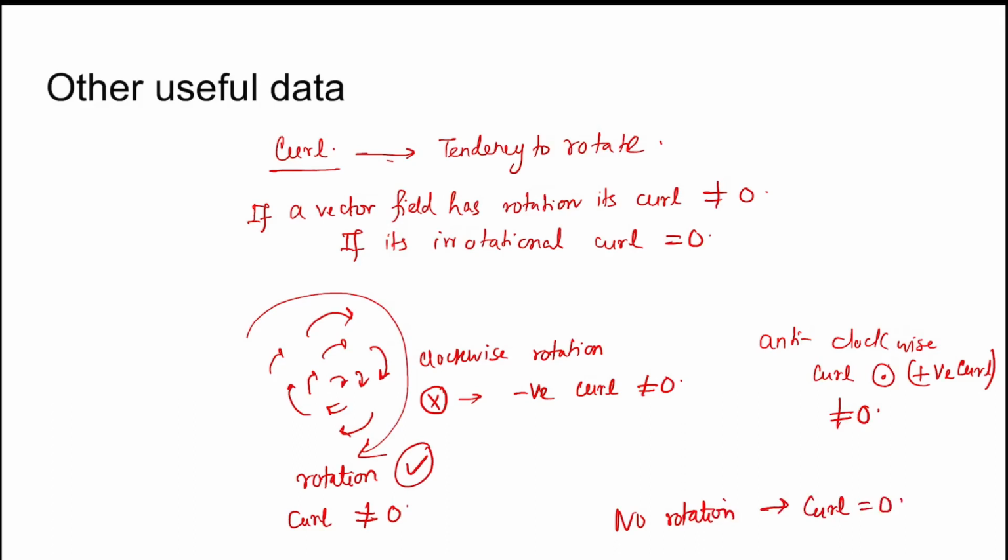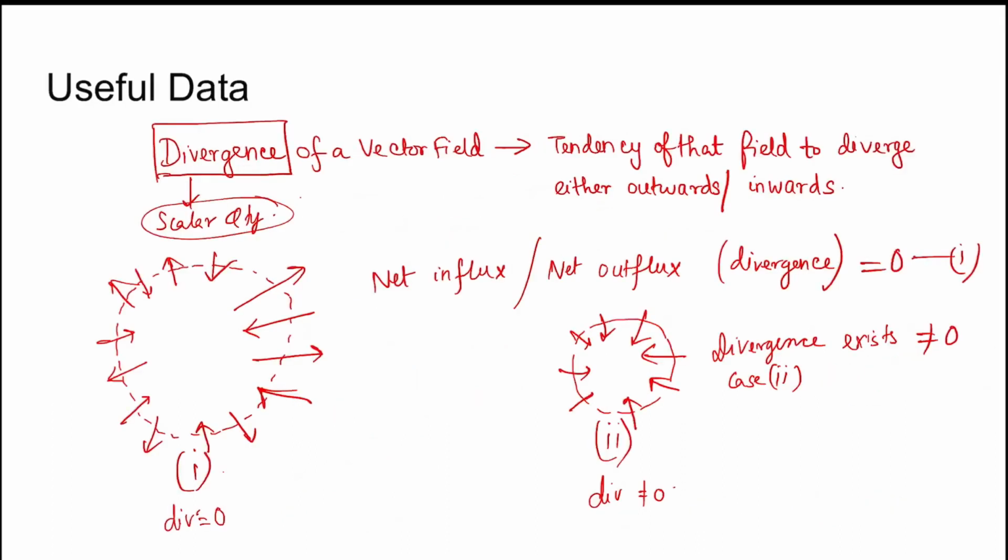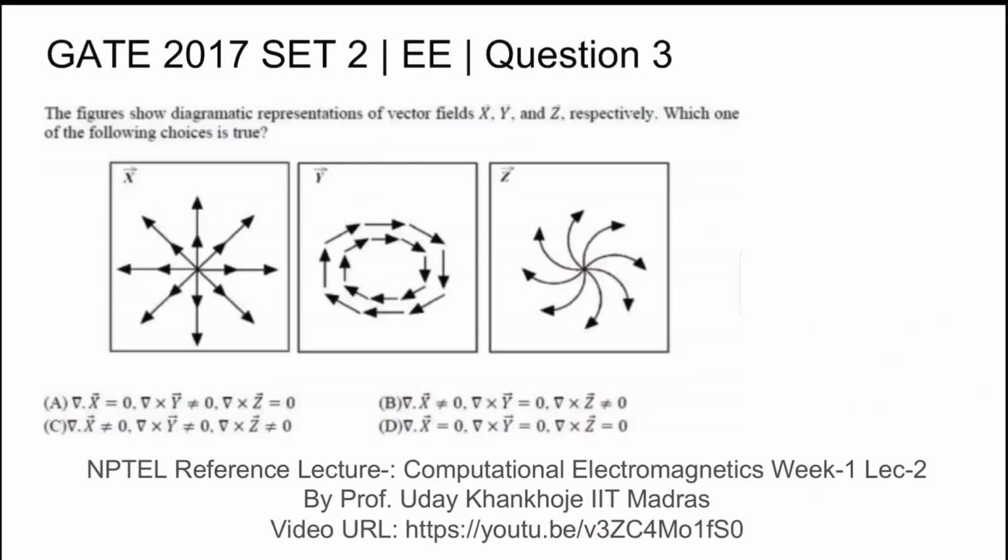So this useful data will be needed to predict intuitively their divergence and curl. So first case, second and third, x, y, z. So x is like this. It is very easy.